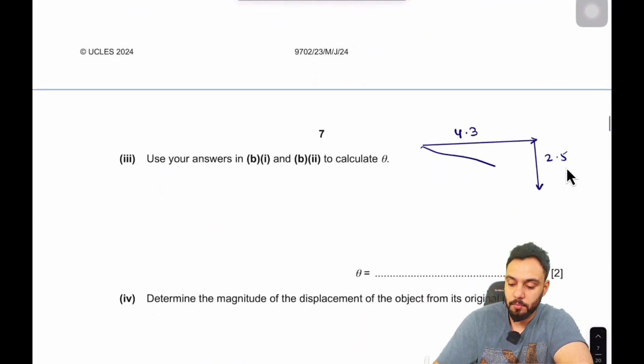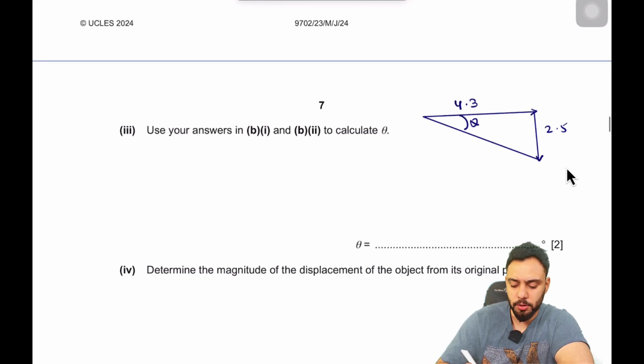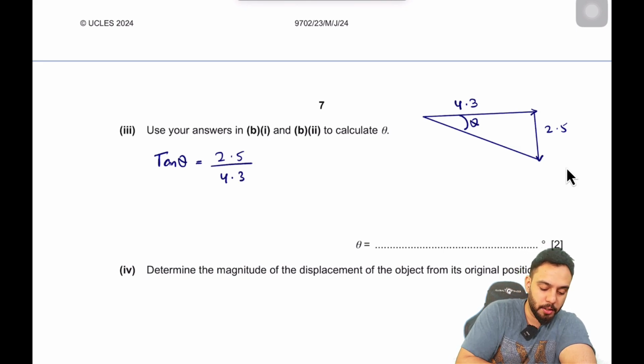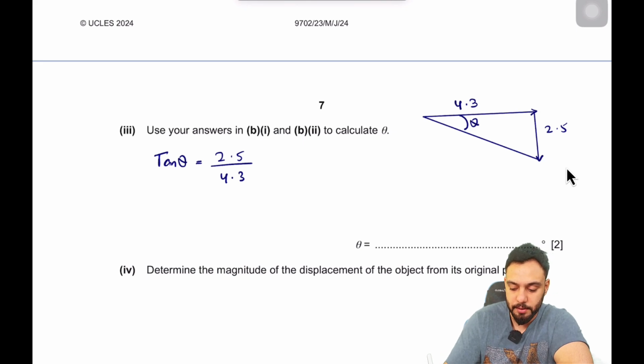So this angle you have to find out. So again, you can use tan theta, just basic trigonometric identities. So tan theta is going to be equal to opposite over adjacent. So plug in the values, shift tan of 2.5 divided by 4.3. Your value is going to be equivalent to 30 degrees. So 30.1, I'll just write it as 30 degrees. So that's going to be your answer for the angle.